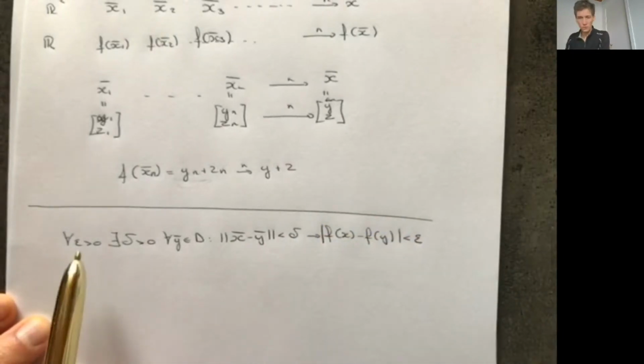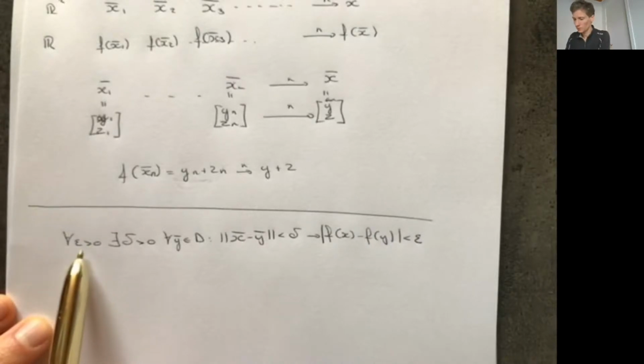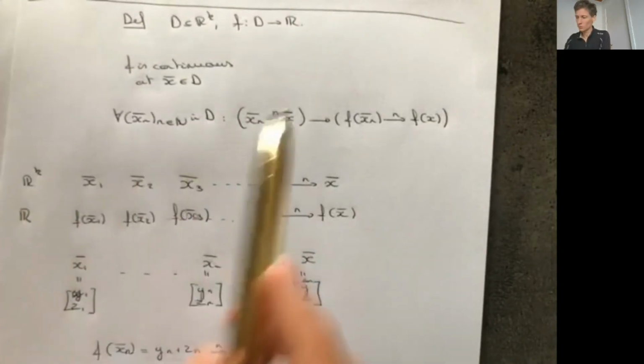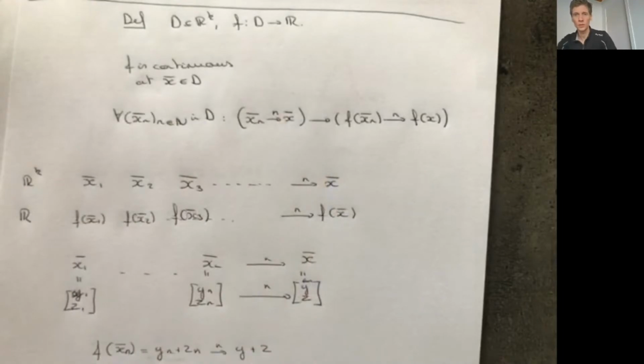Okay, so this is the famous or infamous epsilon delta definition of continuity, and you can show that it's equivalent actually to this one. So this is the definition that we really use most of the time when we talk about continuity of functions.